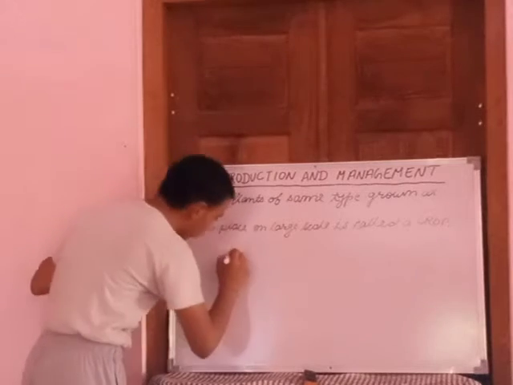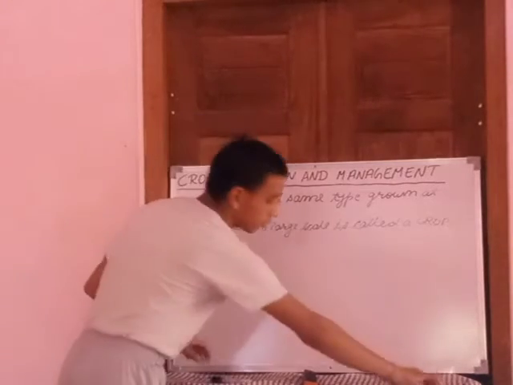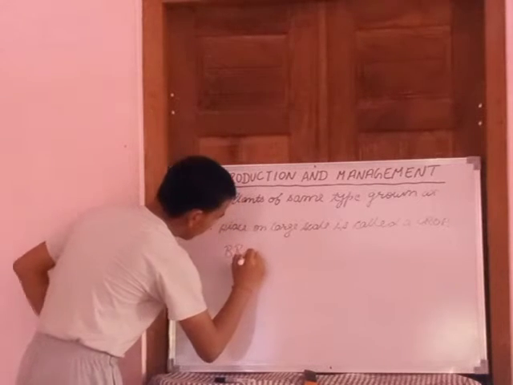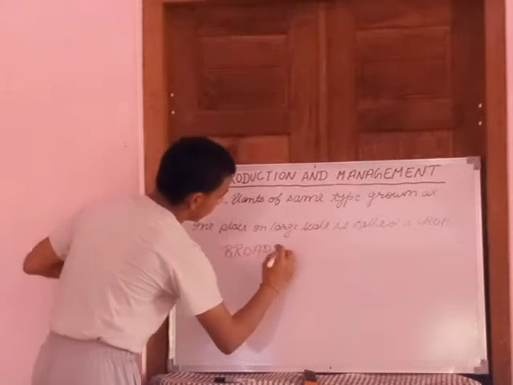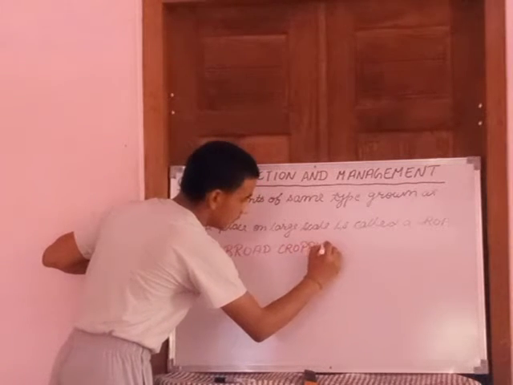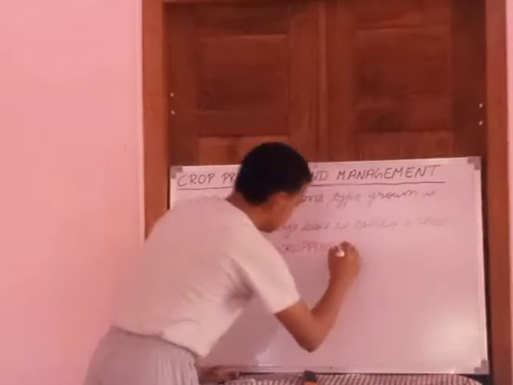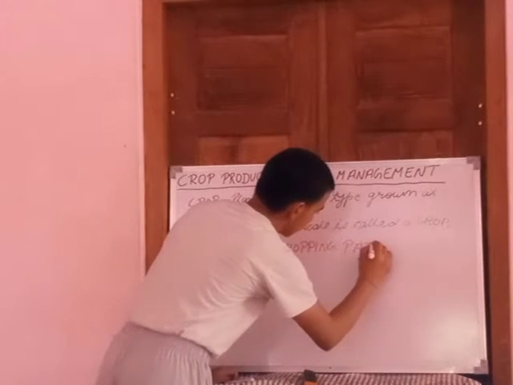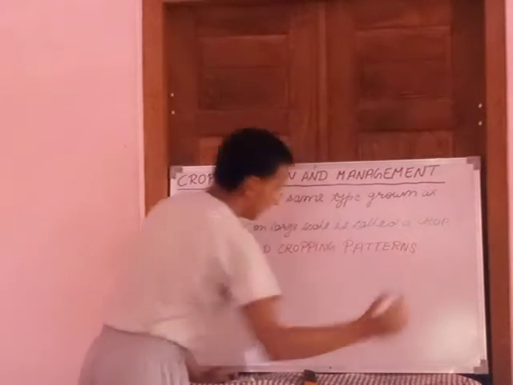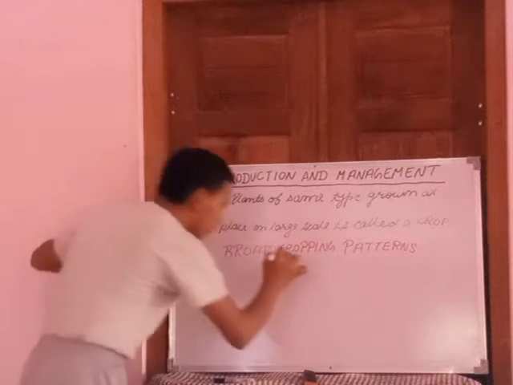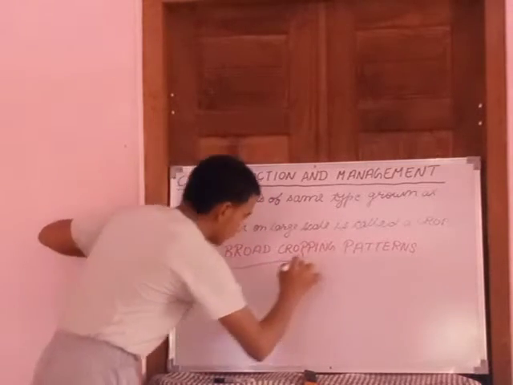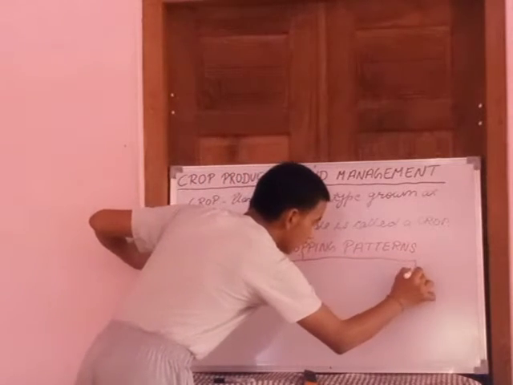Now there are two broad cropping patterns in India, and those are Kharif and Rabi.